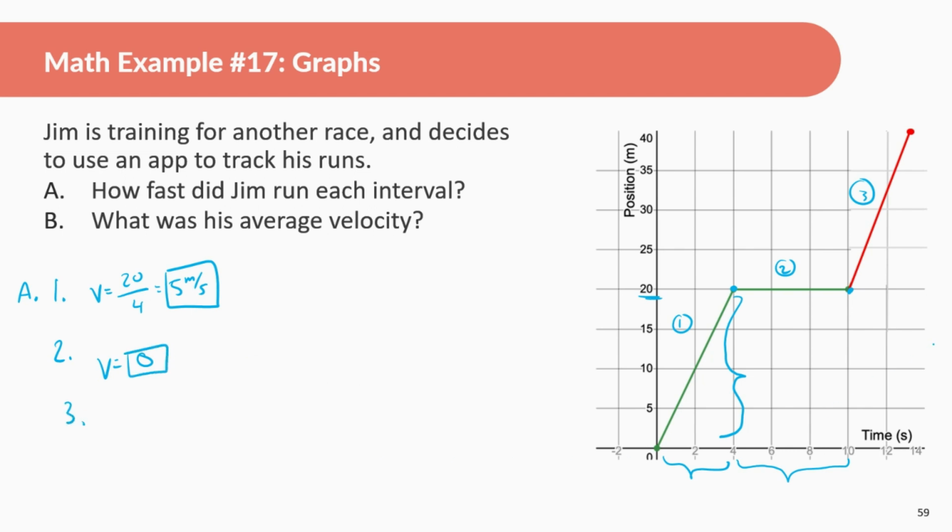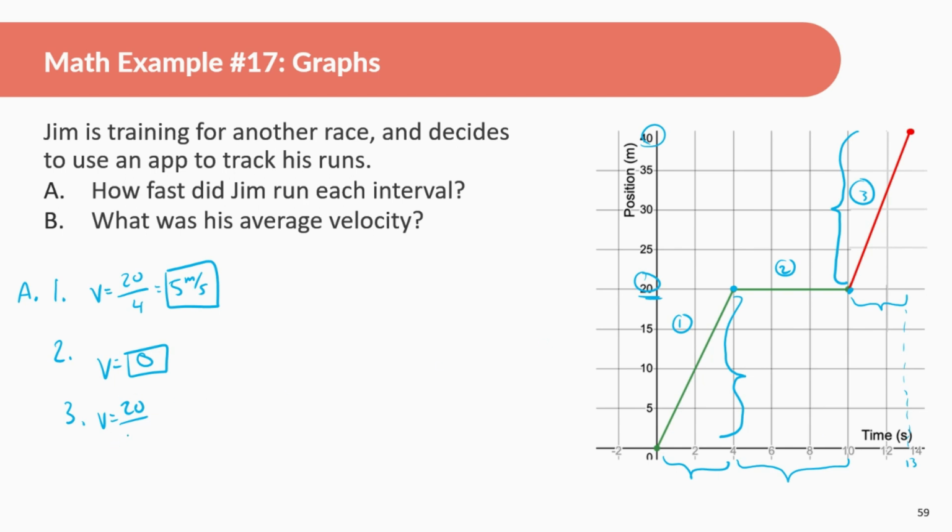Number 3, we can see that the rise is going from 20 to 40, so the rise is going to be equal to 20 meters. And then the run is going from this point right here to half of this point right here. If you kind of felt tricked and put 14, I'd say that's totally fine.